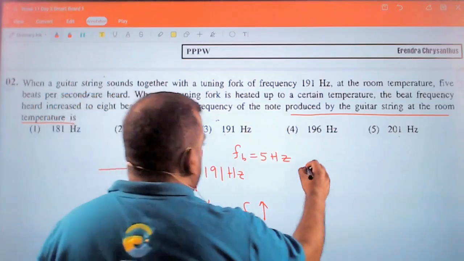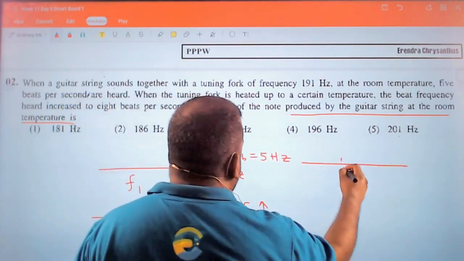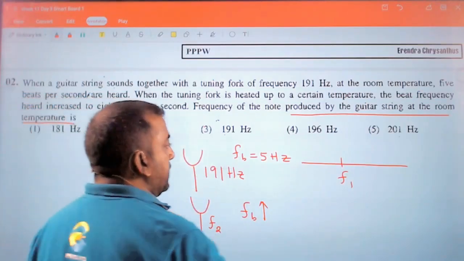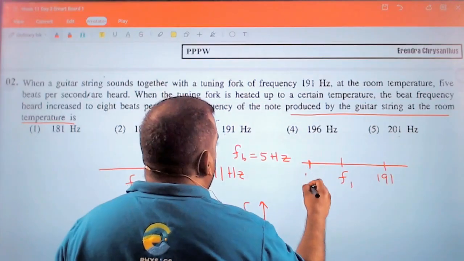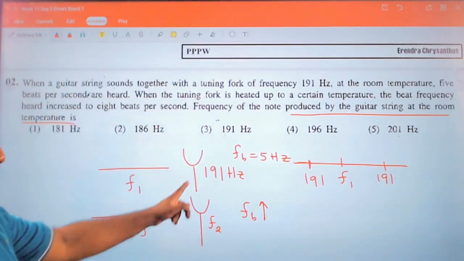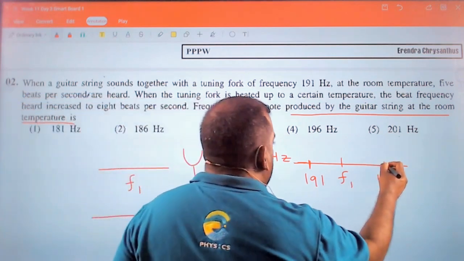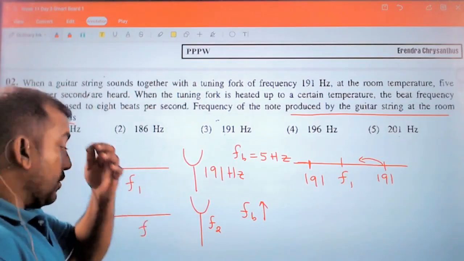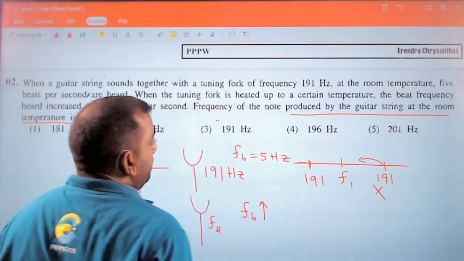So the logic is very simple. What is not changing? F1 is not changing. This can be either above or below. If I take above, frequency reduces, this will come closer, the difference will reduce. So beat frequency can't increase, so this part is removed.